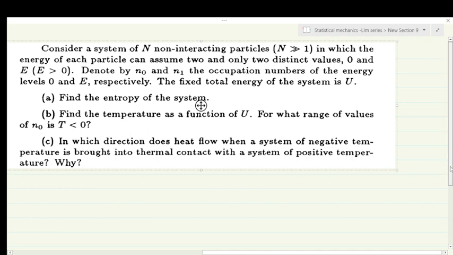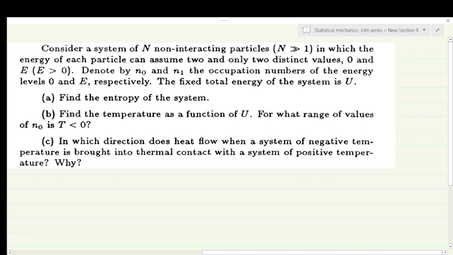I hope you all are doing well, and let us start one more question from statistical mechanics. Consider a system of N non-interacting particles in which the energy of each particle can assume two and only two distinct values.